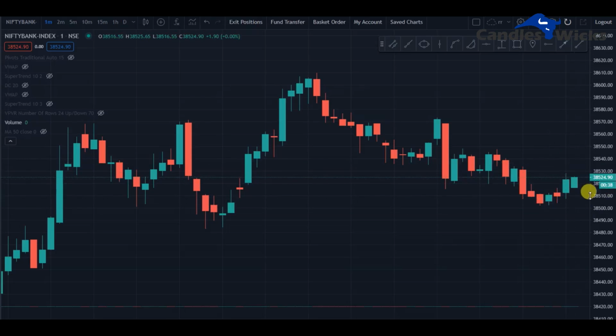So each candle is capturing the price movements of this particular moment. You can see 25 seconds left, 24 seconds left for this candle to finish. And at the moment this 1 minute is over, a new candle is formed.